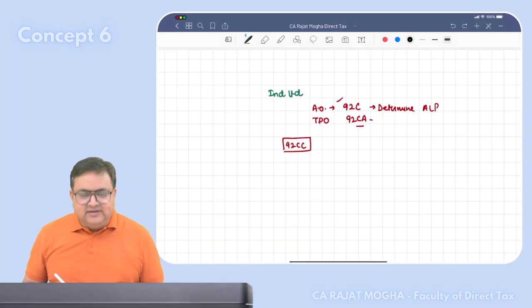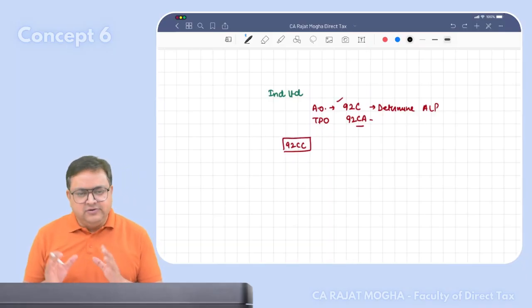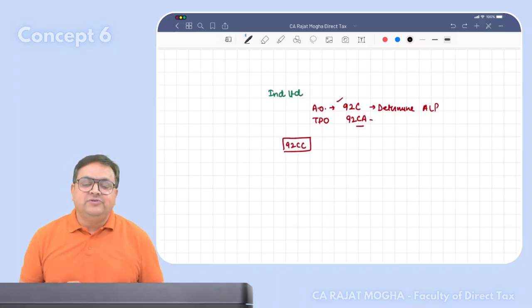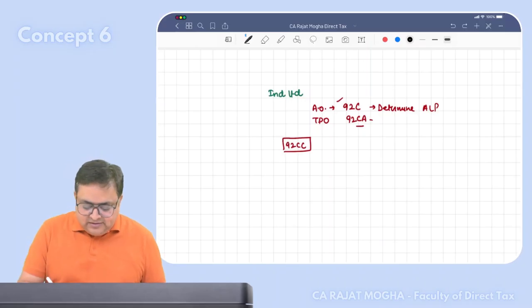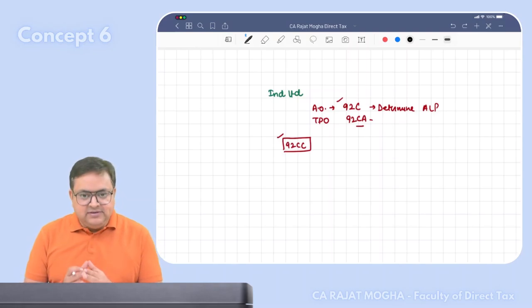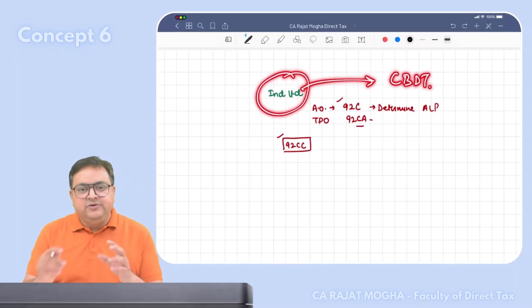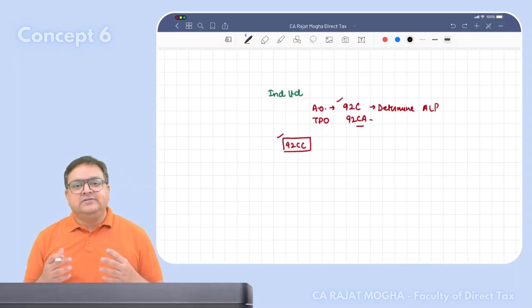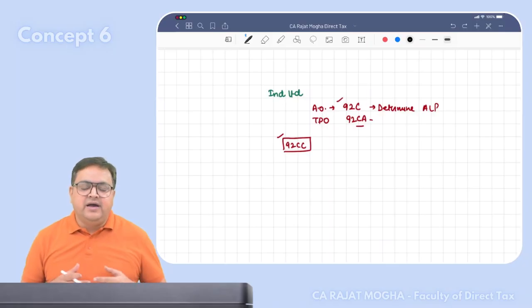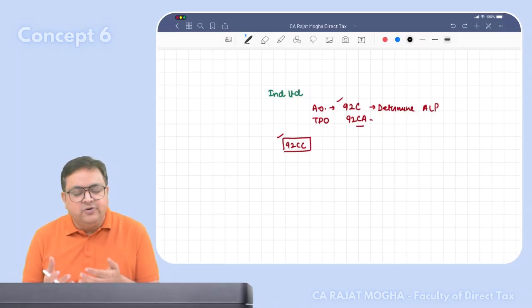92CC, it was introduced, you don't have to remember the year, but just for the background, it was introduced in 2012. We are bringing a concept where the assessee can approach the CBDT and tell them, sir, this is the transaction which I'm going to enter, or I have already entered.